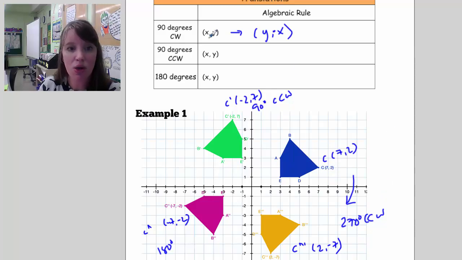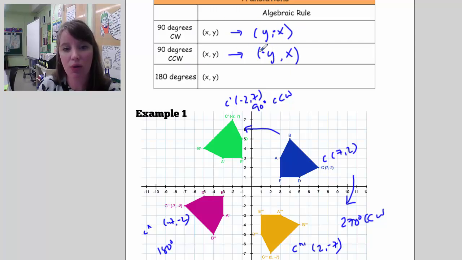Okay, so if it were a 90-degree counterclockwise rotation, here the blue to the green would represent a 90-degree counterclockwise rotation. What happens here is the y and the x switch again, but the new y becomes its opposite. So if it's clockwise, it's (y, -x).